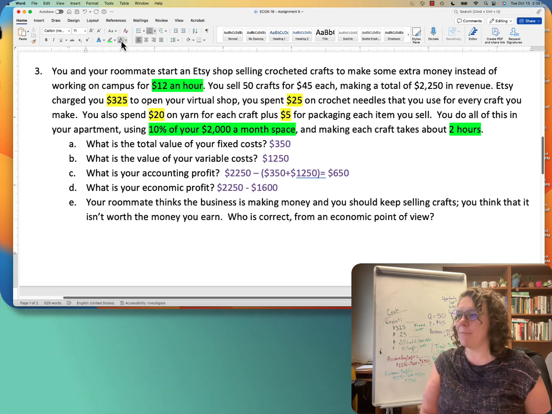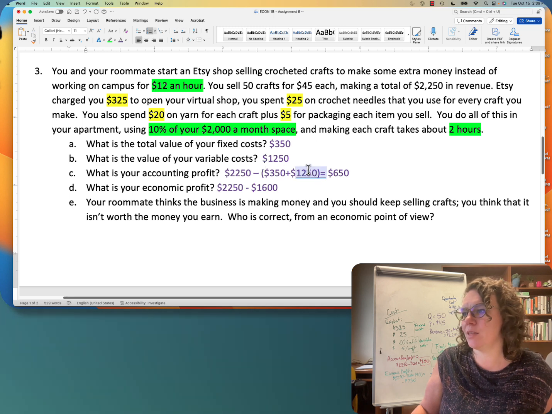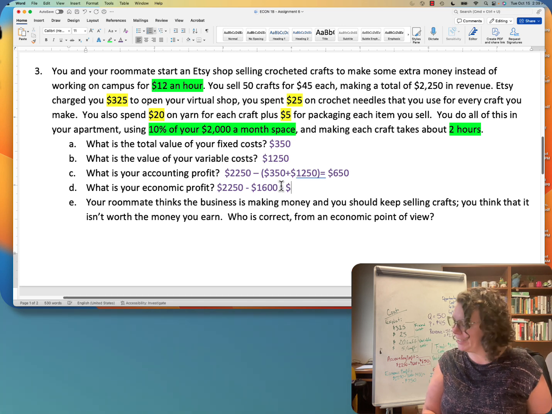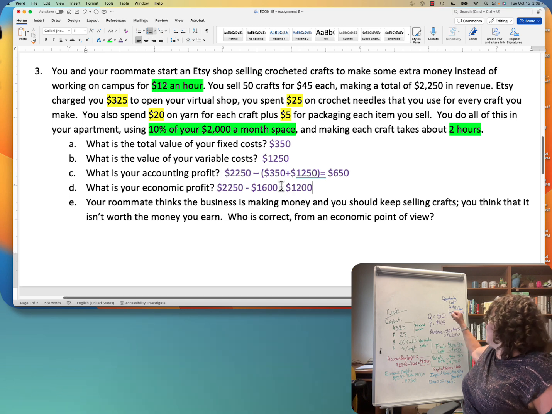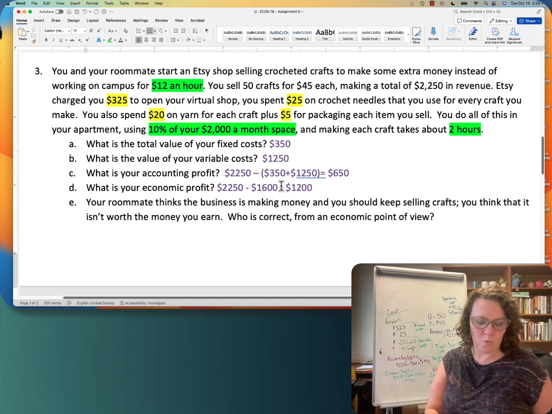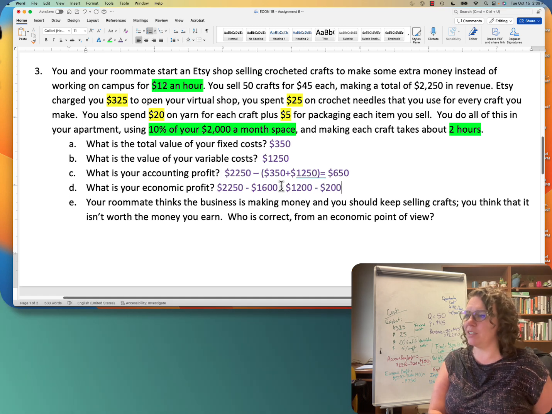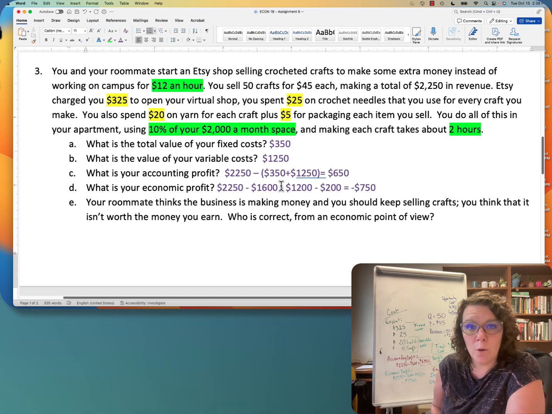So it's going to be minus those explicit costs, the variable and the fixed, and minus the opportunity cost of your time, your labor, which is $12 an hour times 2 hours times 50 crafts for $1,200, minus the value of the space in your apartment that you're now using for craft making, which is going to give you a total profit of negative $750.